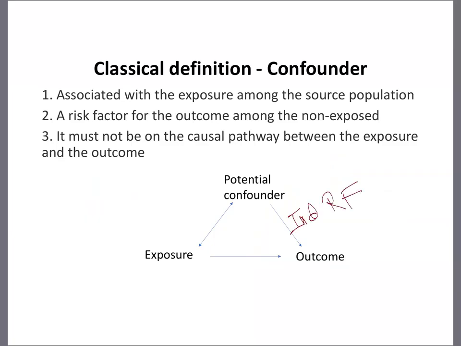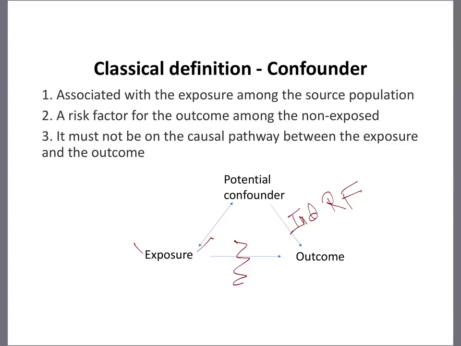Then this variable is associated with the exposure. It may not be a risk factor or not causally associated with the exposure, but it is associated with the exposure. And it is not on the causal pathway. That is, it is not a mediator for the association between exposure and outcome.